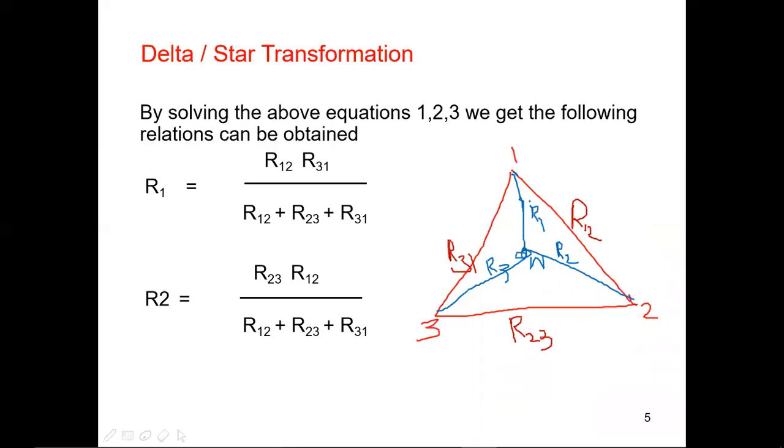From here, as you know, these are the unknown values of resistance, since we know the known values of R12, R23, R31 of delta. Already we discussed this transformation derivation in our previous session. If you have any doubt, please go through that session thoroughly, then come back to this session again. I'm not going to discuss the derivation again here. I just want you to remember this equation in one tactical way. So this is the technique of how to remember.